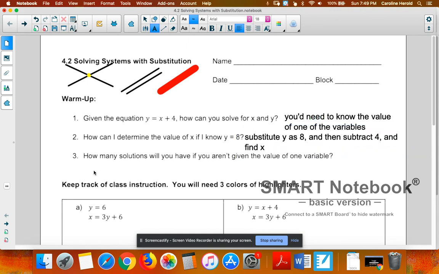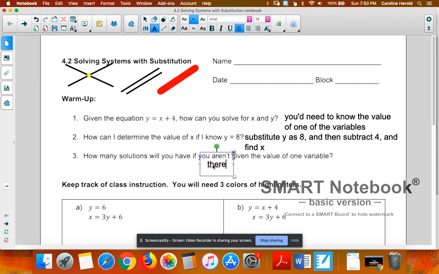So how many solutions will you have if there aren't any values for one of those variables? If I don't tell you that x is equal to 8 or y is equal to 8 or x is equal to 0, then we have graphed things that look like y equals x plus 4. And how many solutions are there?